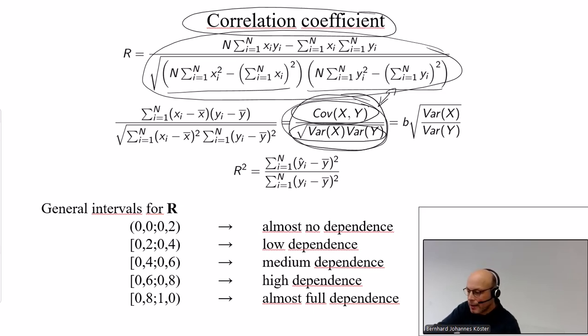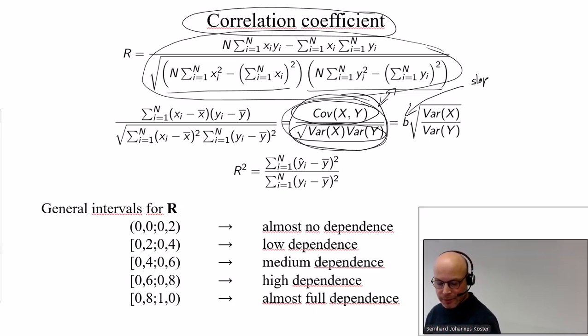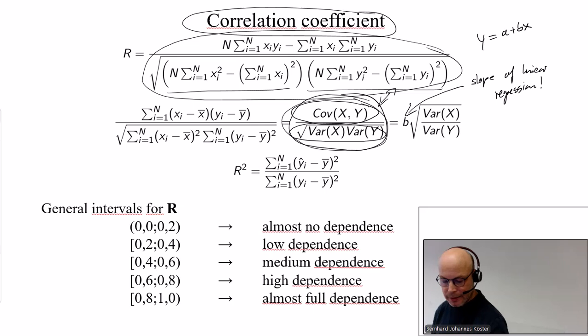And here we also can show that this depends directly on the slope of the linear regression. This was our slope of linear regression, y equals a plus bx.